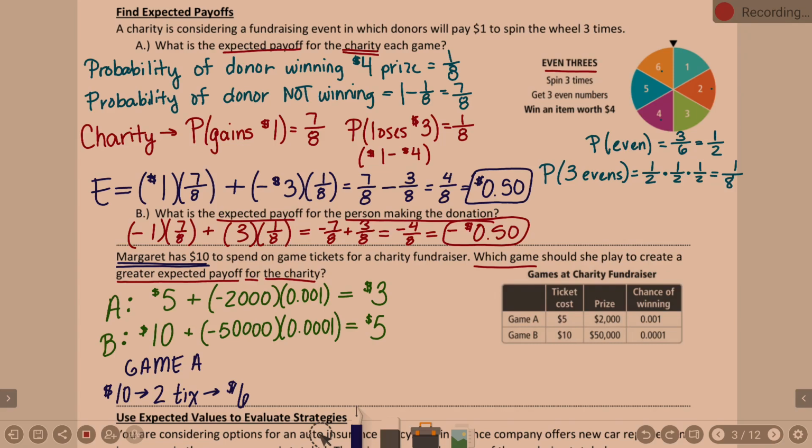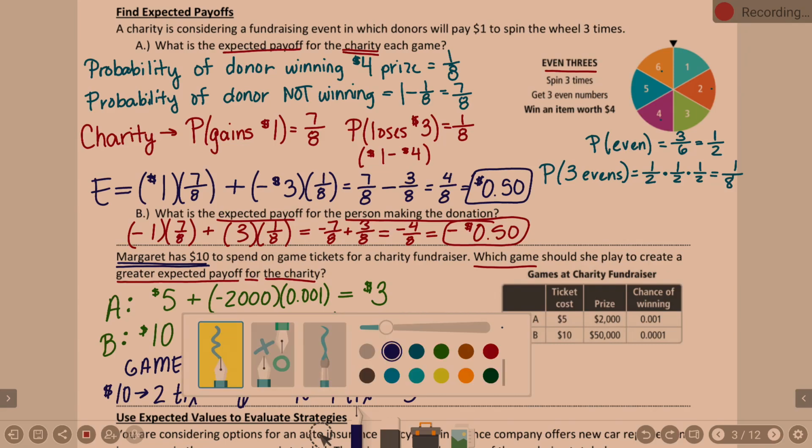Whereas game B, she can only play 1 game. She has $10. How many tickets does that buy? That buys her 1 ticket, and 1 ticket is going to earn the charity $5.